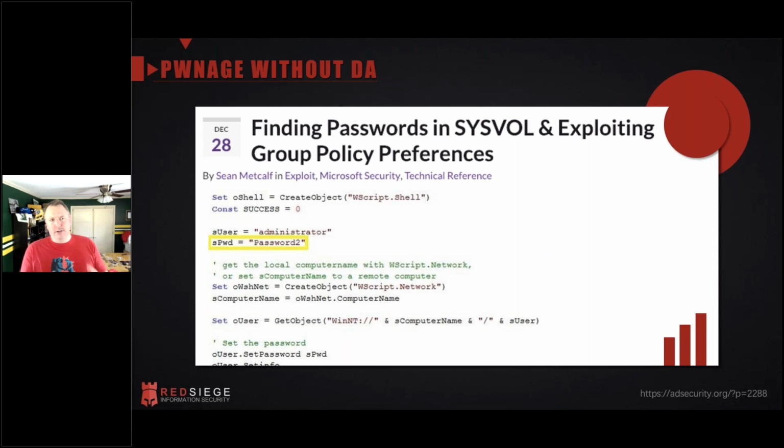Other interesting things, and this goes back to some of that pwnage without DA. A great blog post here from Sean Metcalf. I'm a Sean Metcalf fanboy, by the way. The link is in the bottom corner here. But this, look on sysvol for credentials. Will it give you credentials to necessarily escalate? Maybe not.